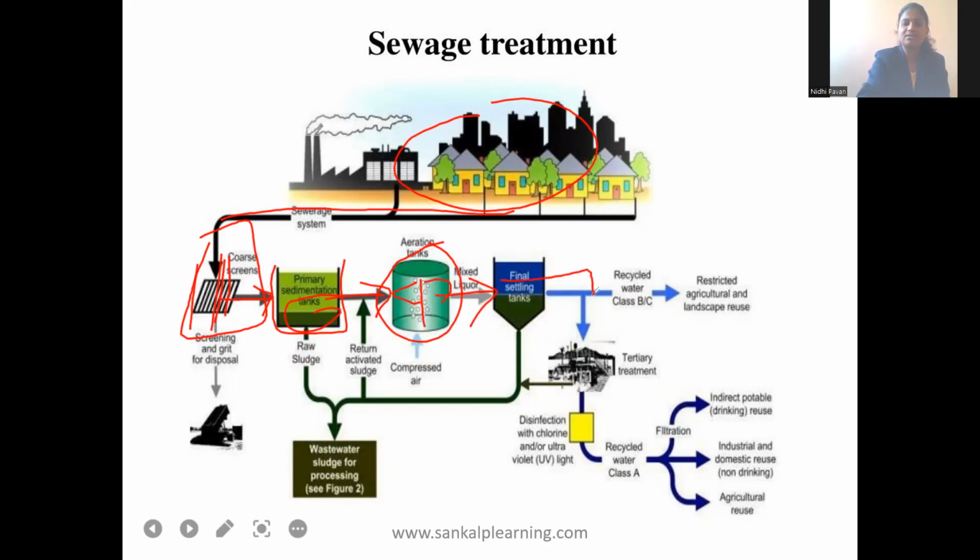This water can be disinfected. Disinfected means the harmful infective agents or microorganisms present in the water will be killed by the addition of chlorine or by the action of UV light. And the waste collected here will be in the form of sludge, the solid mass.